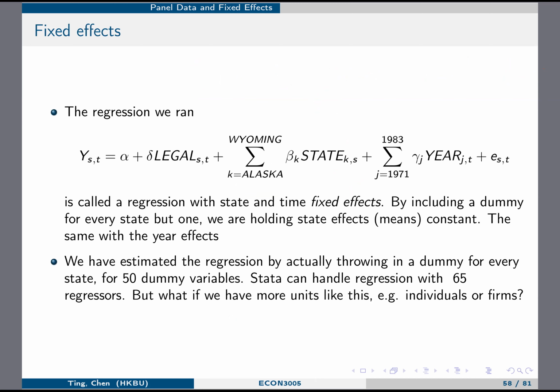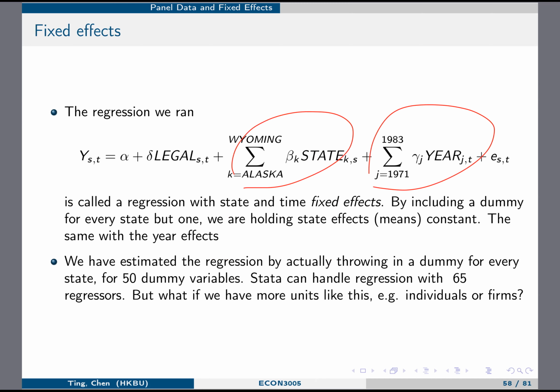And again, this is how we write this equation. The regression for this extended flexible definition: we regress the mortality rate on the legal drinking age proportion, and also have these dummies. Because we included the dummy of the state and the dummy of the year, and I already told you in the last section, this dummy of state is controlling the average mortality rate for each of the states over different years.